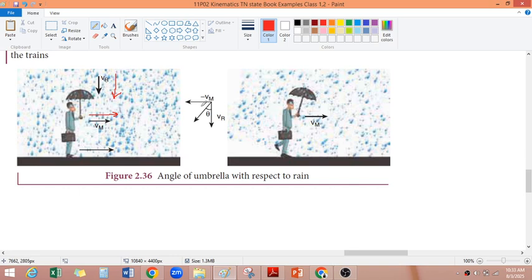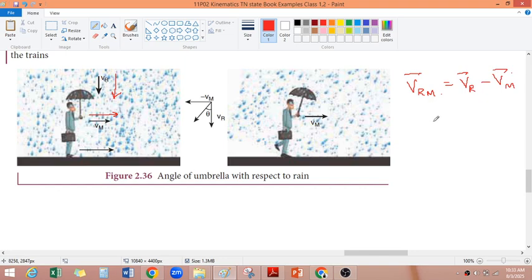Even though the rain falls down, because of the man's velocity there will be a relative velocity of rain with respect to the man, which means velocity of rain minus velocity of man.